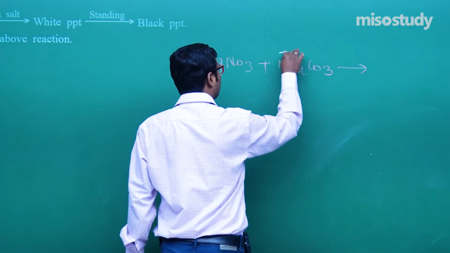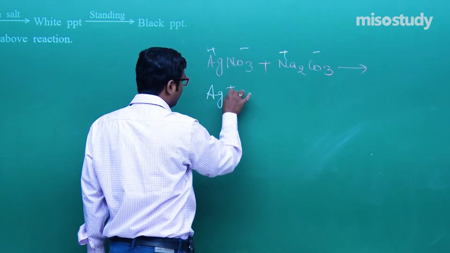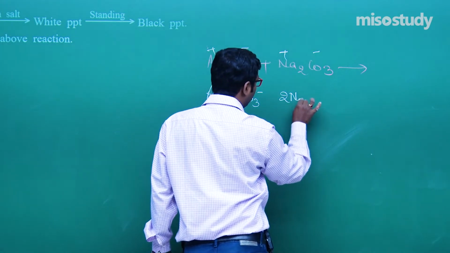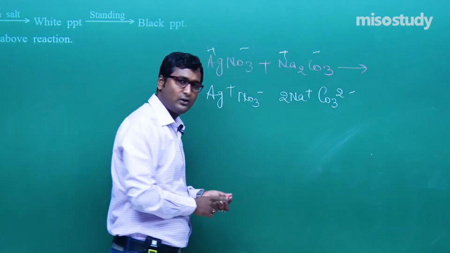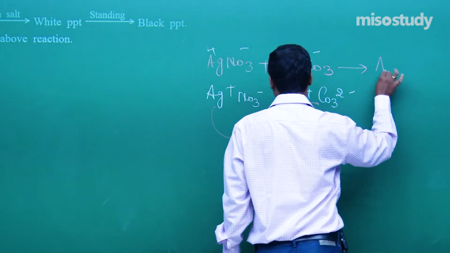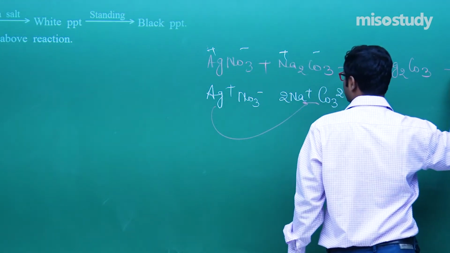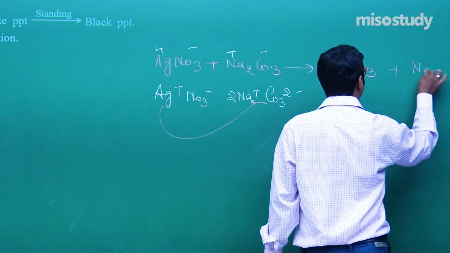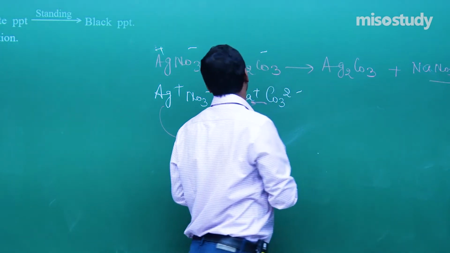It will acquire plus charge, minus charge, plus charge, minus charge, that is Ag plus and NO3 minus, 2Na plus and CO3 2 minus. Clear to you? Now what will happen? The ions will exchange, and the products are Ag2CO3 plus 2NaNO3.